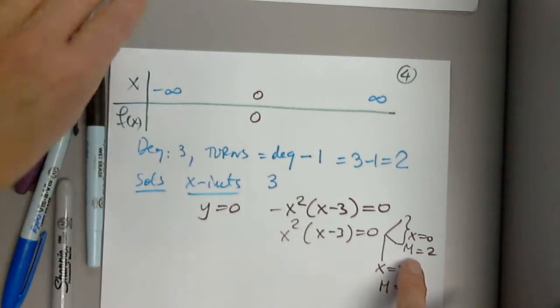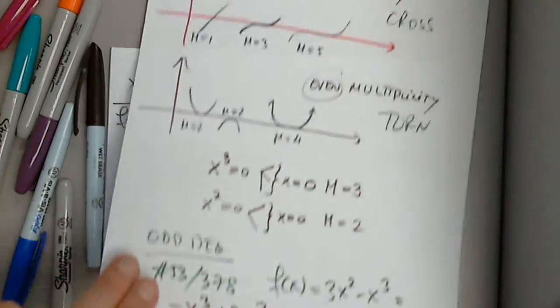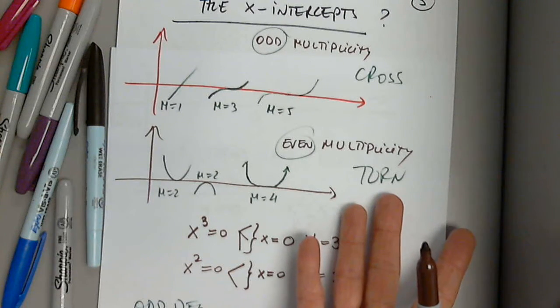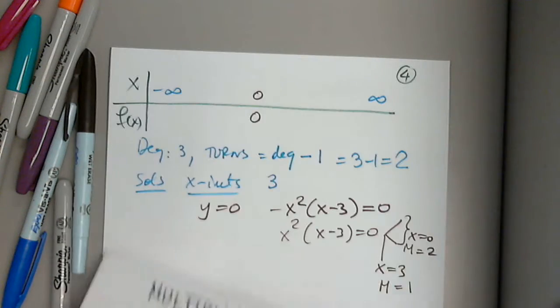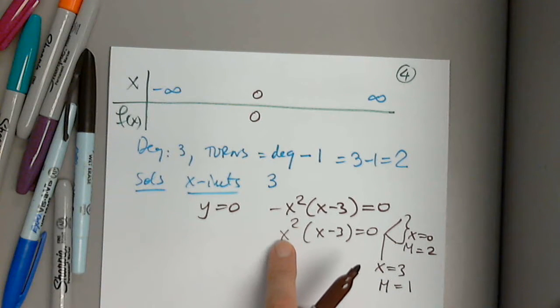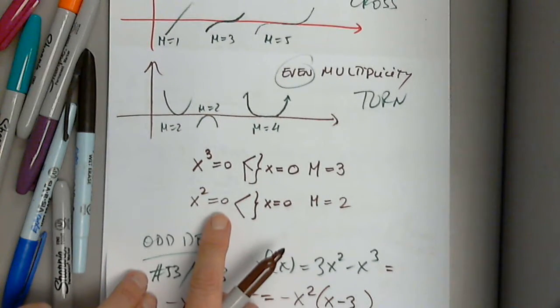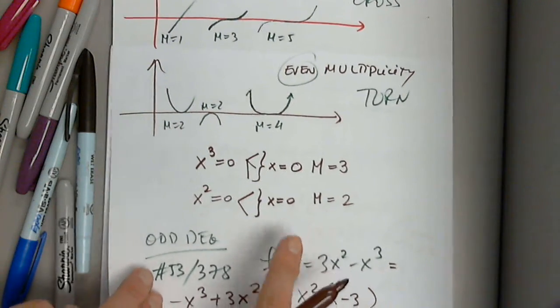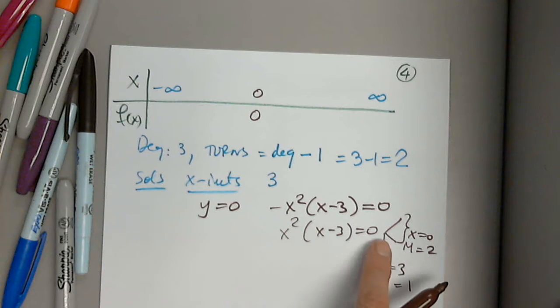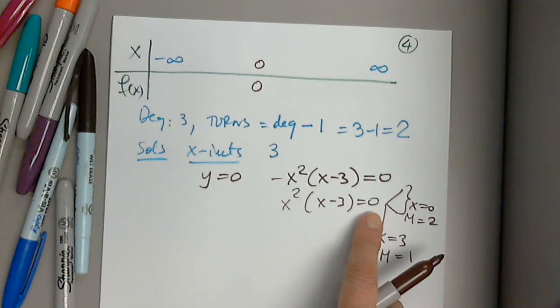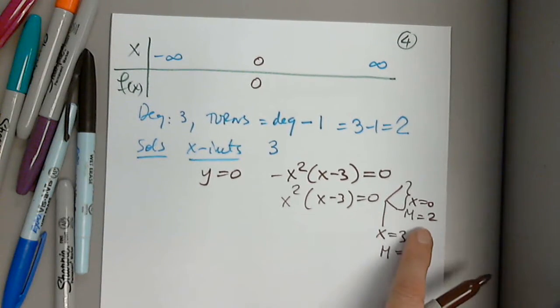And what does a multiplicity that is even, what does an even multiplicity do? X times x. I have 2 solutions, 0, right? This is what we just did here, x squared equals 0. These are 2 solutions, x equals 0. X equals 0, x equals 0, x minus 3 equals 0. Is that okay? So multiplicity 2.